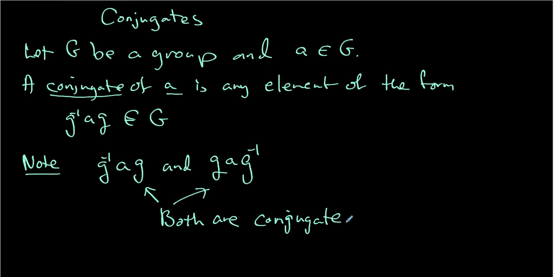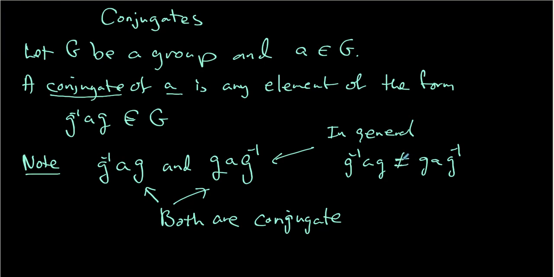So we're not really going to distinguish between the meaning of conjugate for each of these. It is, however, worth noting that in general, G inverse a G and G a G inverse are not the same element. So the idea of a conjugate element is not actually that bad.